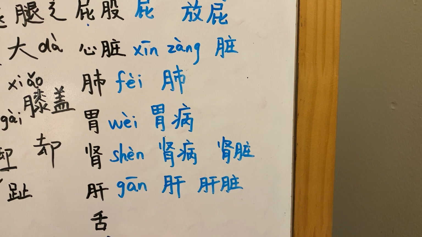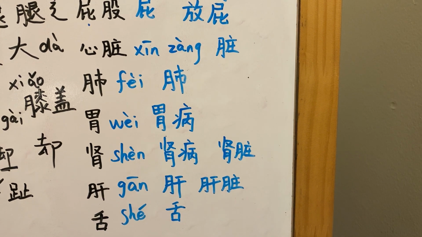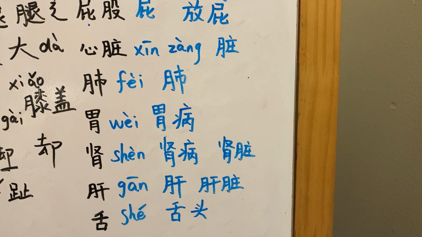Okay, next one, 舌. This one, your tongue, right? Your tongue, 舌. This one is simple. We sometimes say 舌头. This 头 we have known means your head.